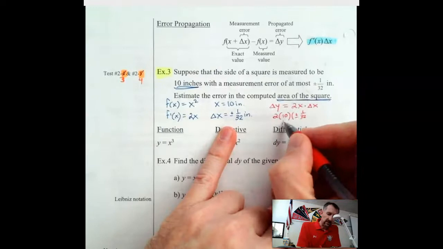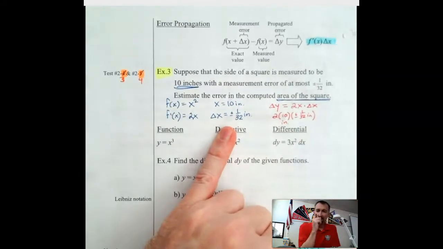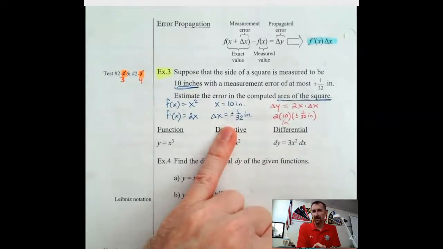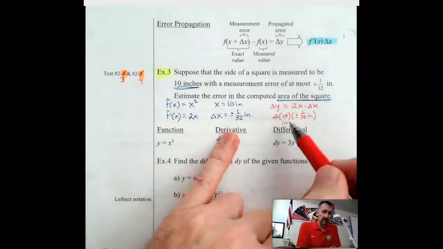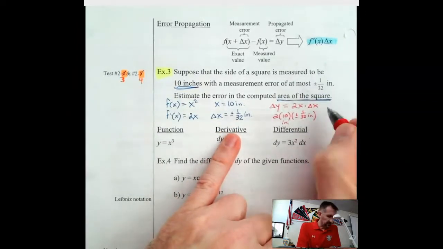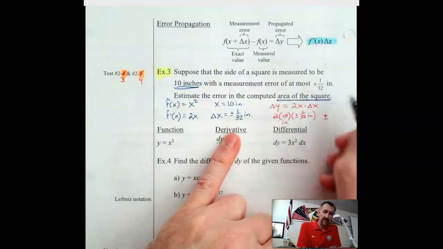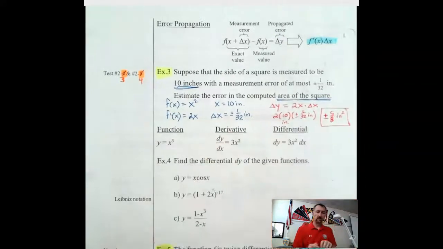Now, this 10 is in inches, and this plus or minus 1 over 32 is in inches also. What we're calculating is the error in the area. What's the error of the area going to be? So this is going to be 20 over 32 plus or minus. 4 goes into those, so 5/8. So it's 5/8 square inches.